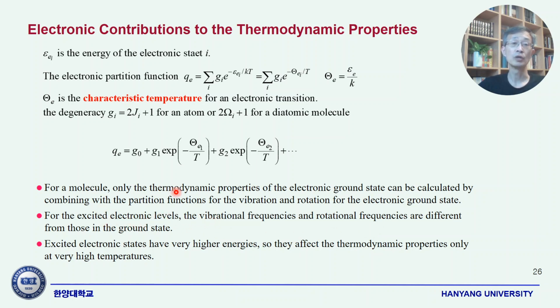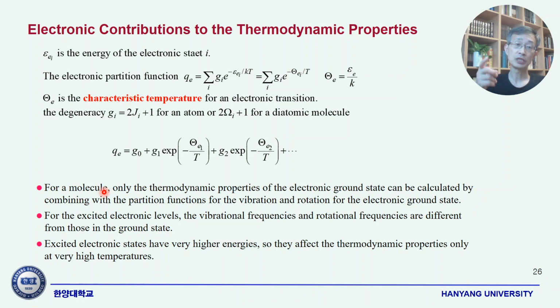The rule of thumb is that most of the time you only need to include the electronic ground state, and then you can combine it with the previous vibrational and rotational contributions.